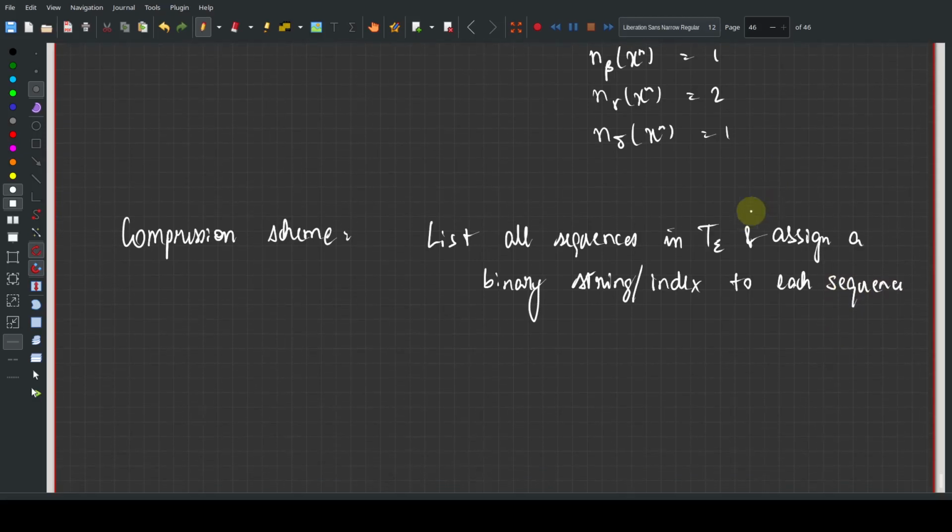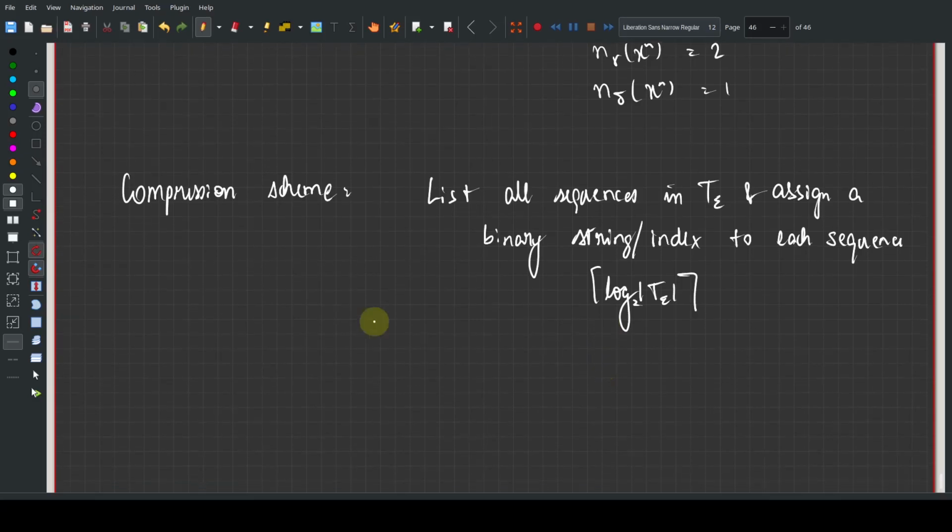In order to do this, I need log of the size of T epsilon many bits. Correct? Do you agree? So what can you say about the rate of this?